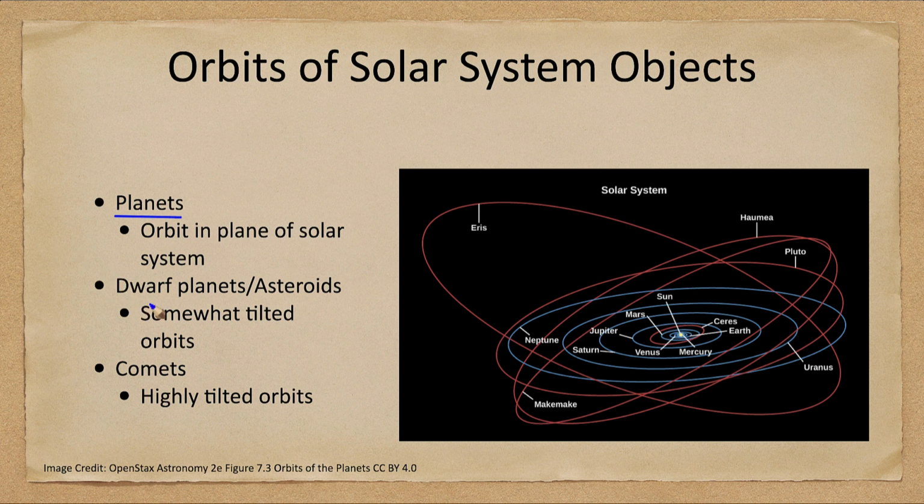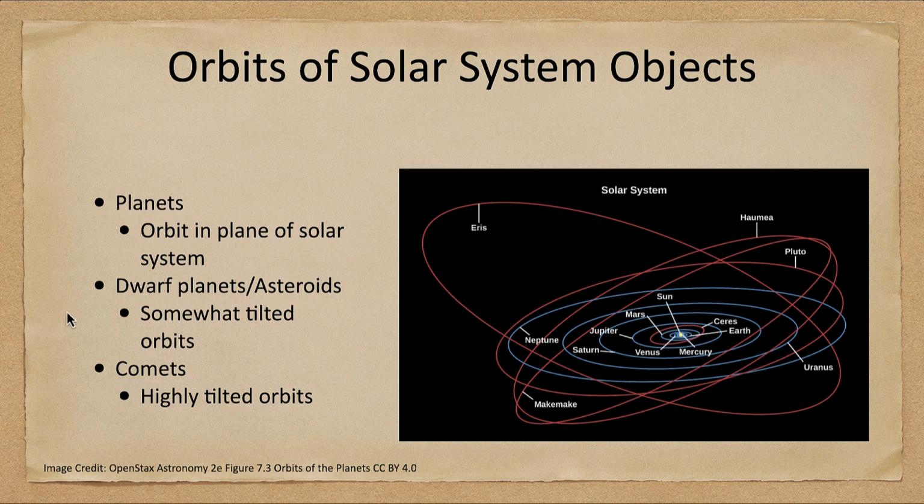When we look at things like dwarf planets and asteroids shown in the red here, we start to get to orbits that are a little bit tilted. Not always horribly tilted, but much more tilted than what we see with the 8 planets themselves. And not shown in here are comets. Comets would have highly tilted orbits and could come in any direction. And in fact, sometimes they're so tilted that they're coming in backwards.